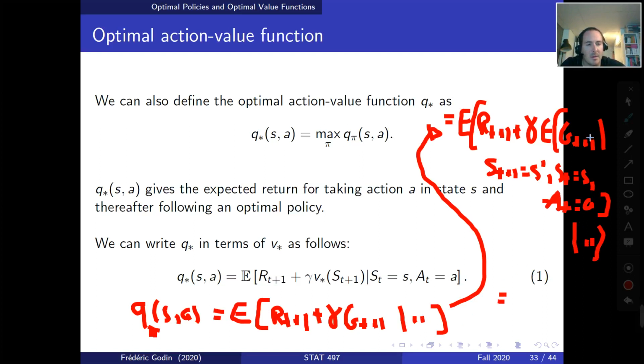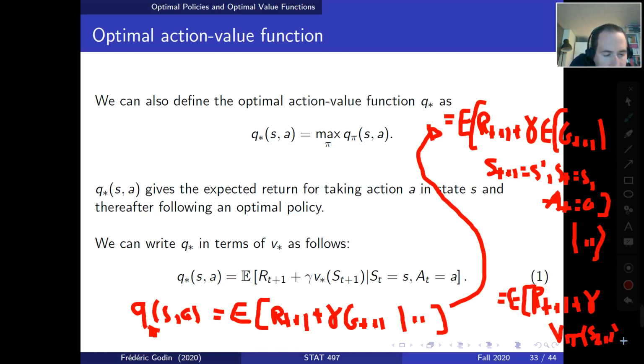Because we had last time that the expectation of the gain at time t plus 1 was just the value function at the next time step, this was the expectation of R t plus 1 plus gamma times the value function v pi at S t plus 1. Here this is a conditional expectation, given the same conditions.